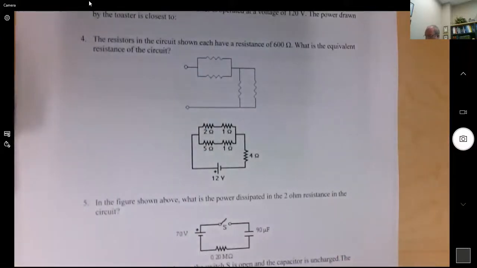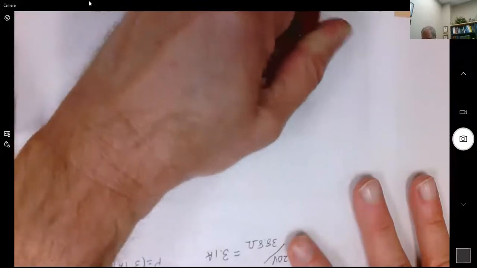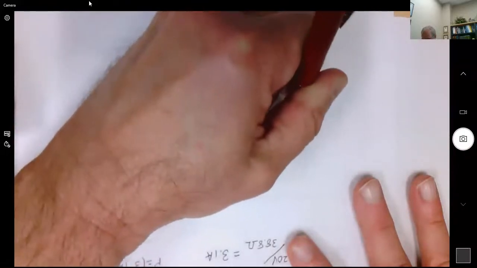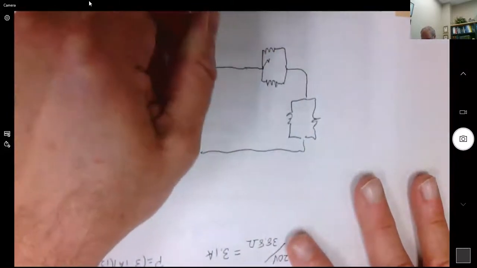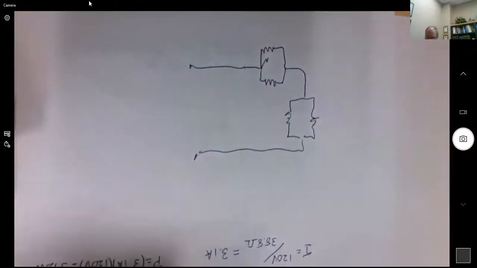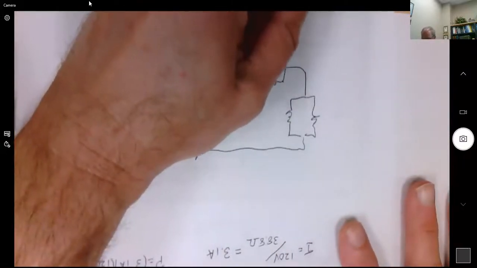Each resistor is 600 ohms, and we want to know the equivalent resistance of the circuit. So there's our circuit. So we have 600 ohms on each one of these.